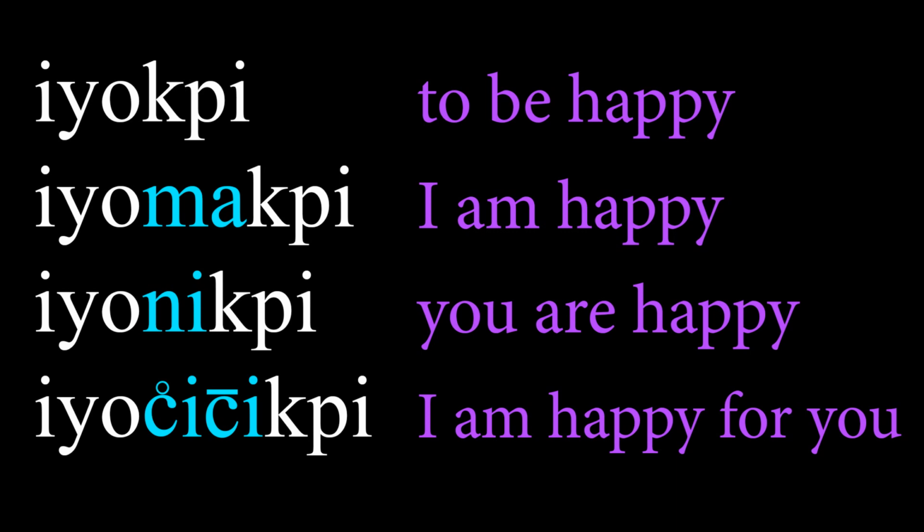Okay, so now let's try to say this word. I will say it slow and just repeat it after me. Try to say it the same way that I say it so you learn the music of the language. Iyo chi jik pi. Very good.